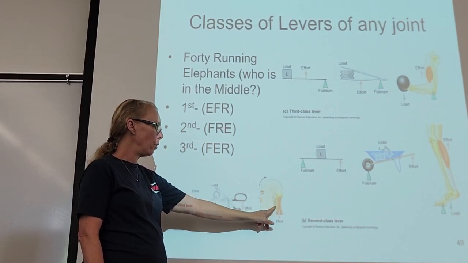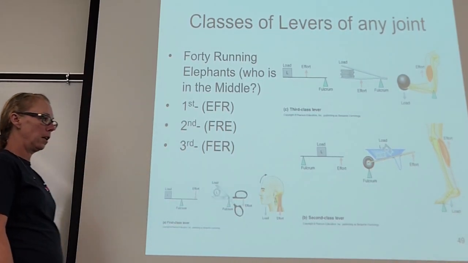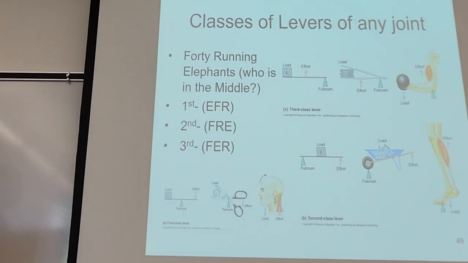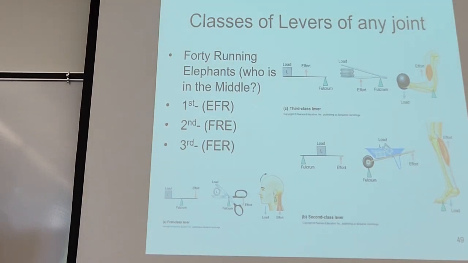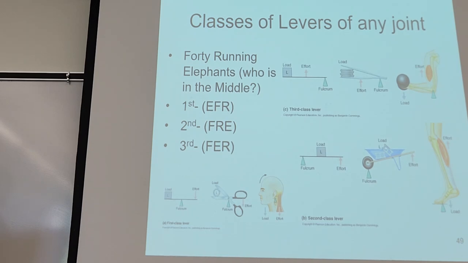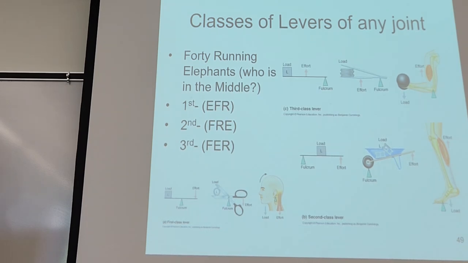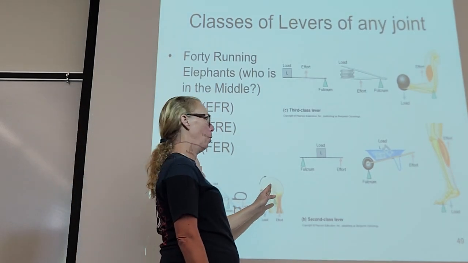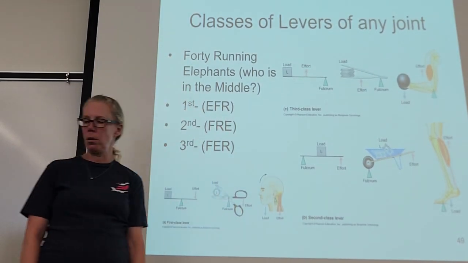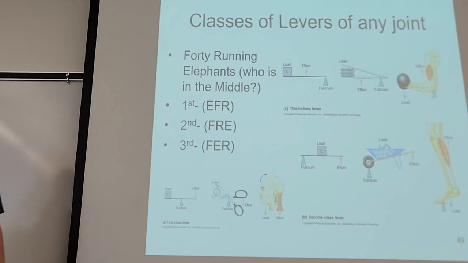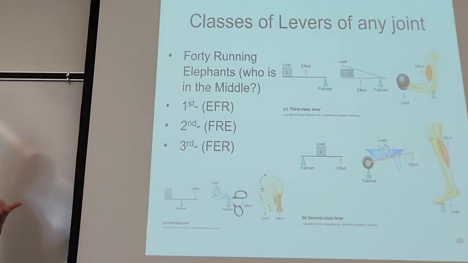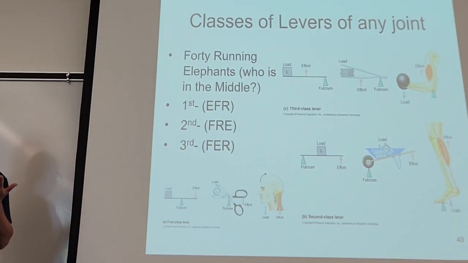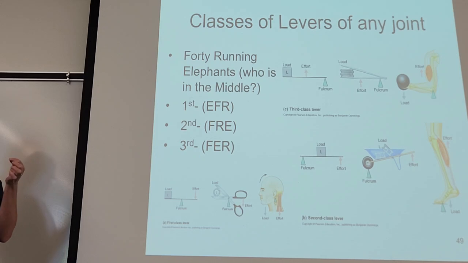And the fulcrum is the joint in between your skull and your first cervical vertebra, your OA joint, the occipito-atlantal joint. You don't have to memorize that, but it's just the articulation between your skull and C1. The occipital condyle sitting on C1, that's the fulcrum.